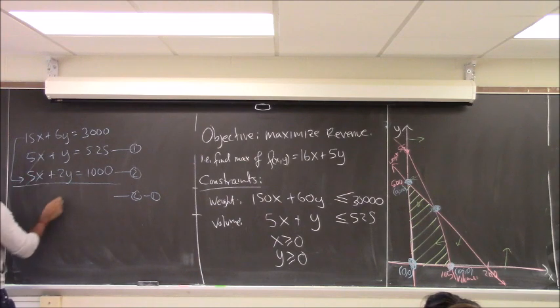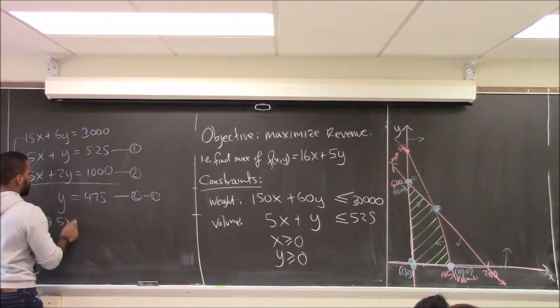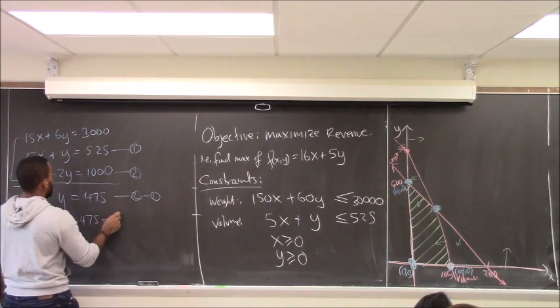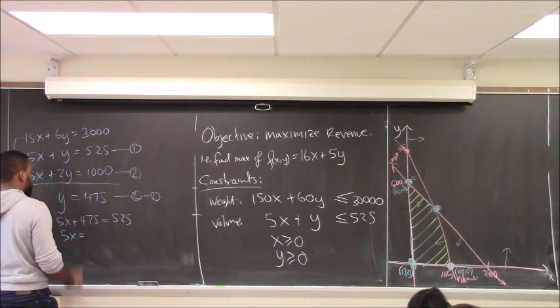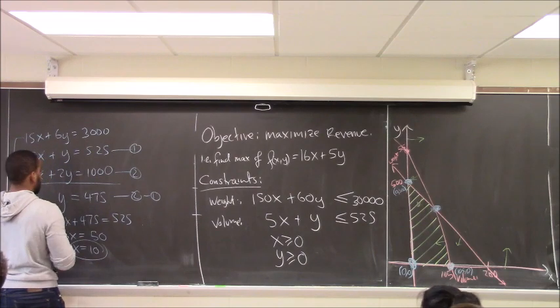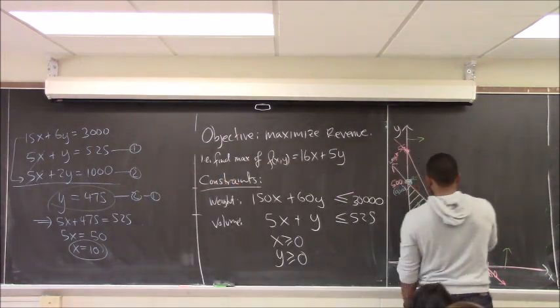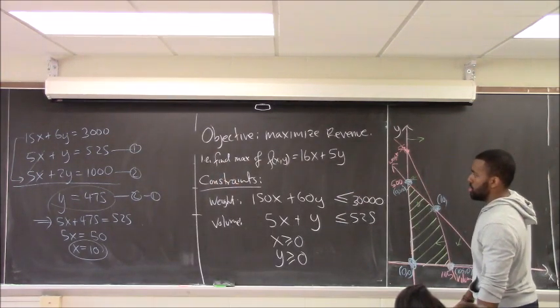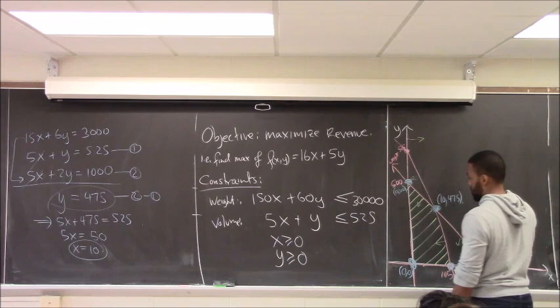So that minus that equals 11. That's 1,000 minus 525, is that 475? And so our 5x plus 475 should give us 525. So 5x is going to be 50. Is that right? And so that's what we are here: 10 units of food and 475 units of water.